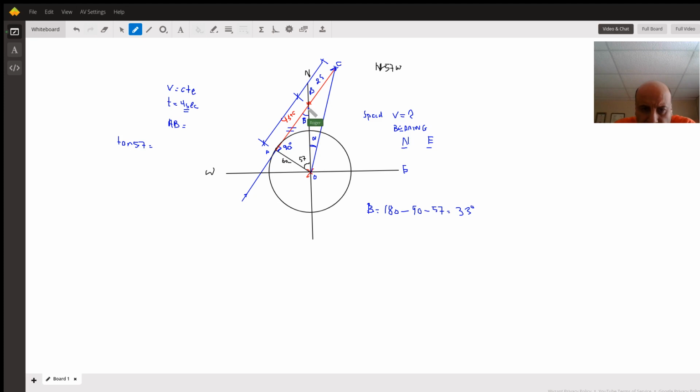The opposite is what you need, AB, divided by the adjacent, which you know is 60 meters. So AB is going to be 60 tangent 57, which is going to equal 92.4 meters. So now you know AB is 92.4 meters.